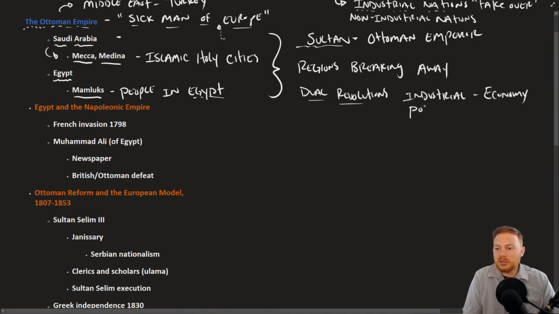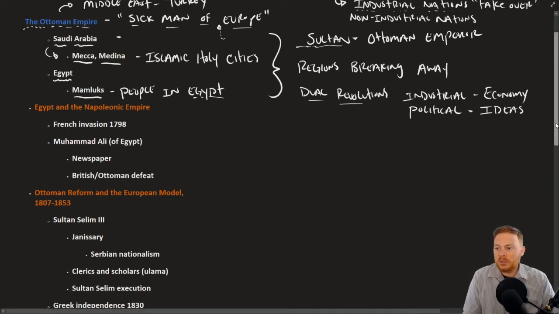But we also talked about the political. And the political revolutions are very influential in terms of their ideas that they had. And those ideas will penetrate in not only the Ottoman Empire, but really all around the world. And so it's how to contend now with this new economic system, the factory system, and how to contend with these new political ideas.